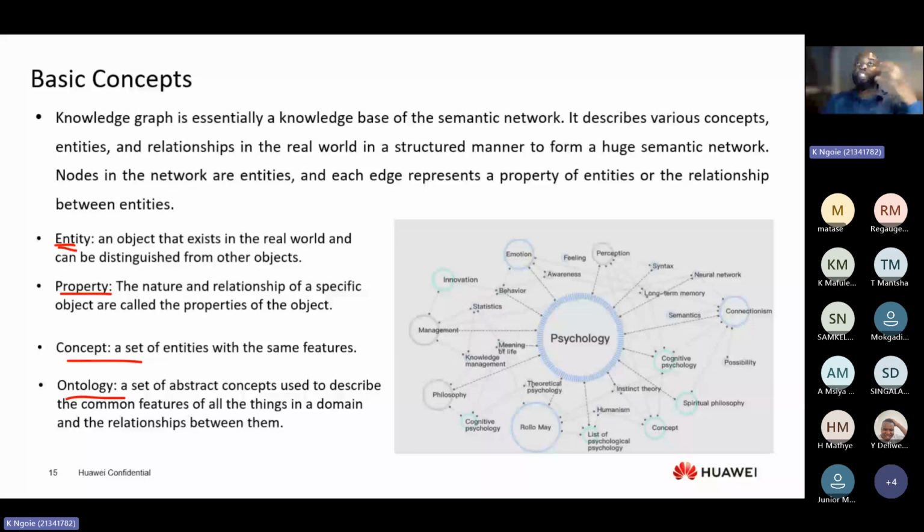So the same way, when you have knowledge about something, that's the way we actually create a technology. We take the same structure that we're going to represent in terms of computers, right? So we will take data that can be extracted from a certain database or a certain source, such as the internet or a certain website. So we're going to identify all the entities. That means an object that exists in the world and can be distinguished from others.